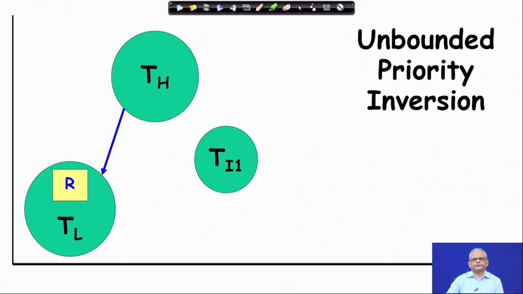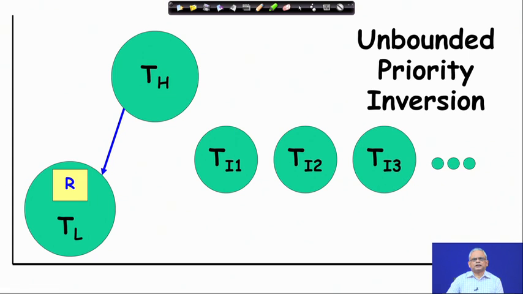But in the meanwhile, tasks which are higher priority than TL, but lower priority than TH, keep on arising and executing, and therefore, TL is not able to get the CPU and it cannot complete its execution using the non-preemptable resource, and as a result the high priority task suffers multiple inversions, and we cannot really predict how many inversions it will suffer.